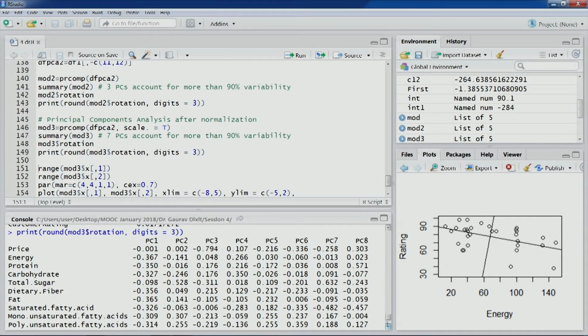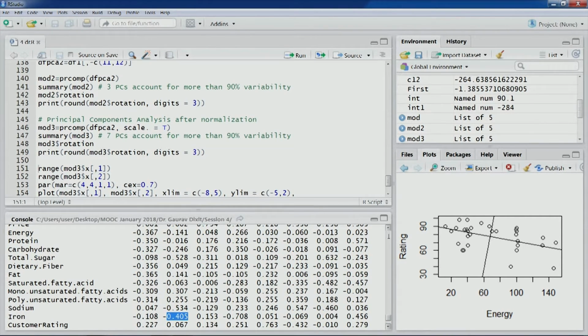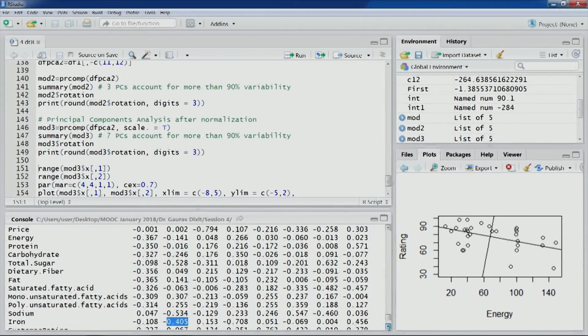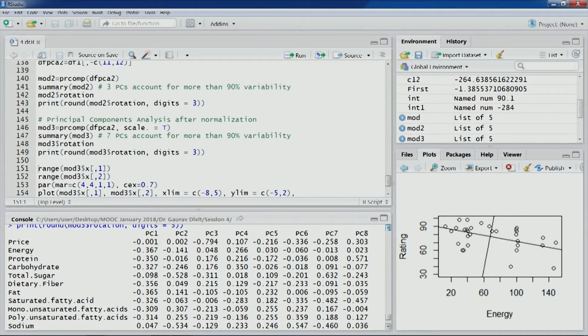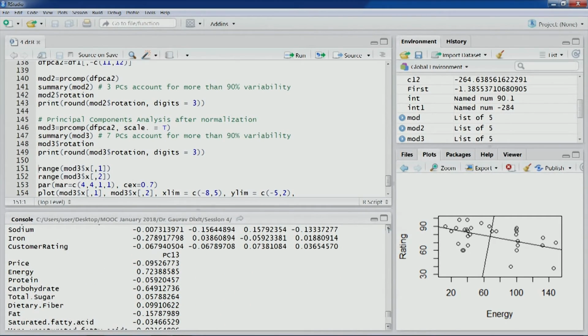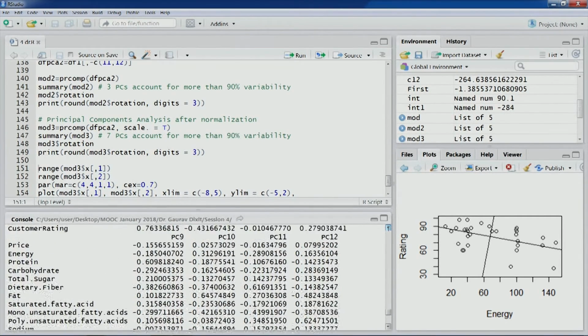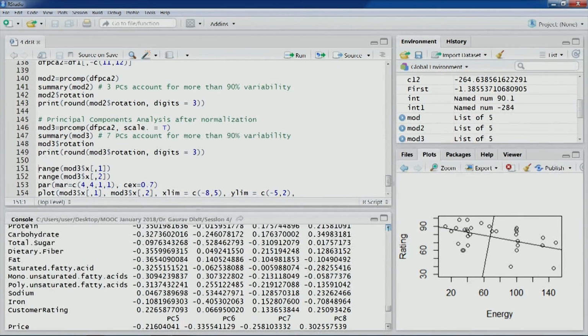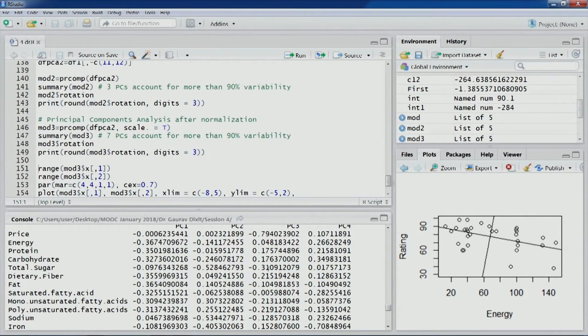Similarly, if we look at PC3, the biggest weight that we can see is coming from price, which is minus 0.79, and after that much smaller weights. We can see minus 0.31, which is again coming from sugar in principal component 3.